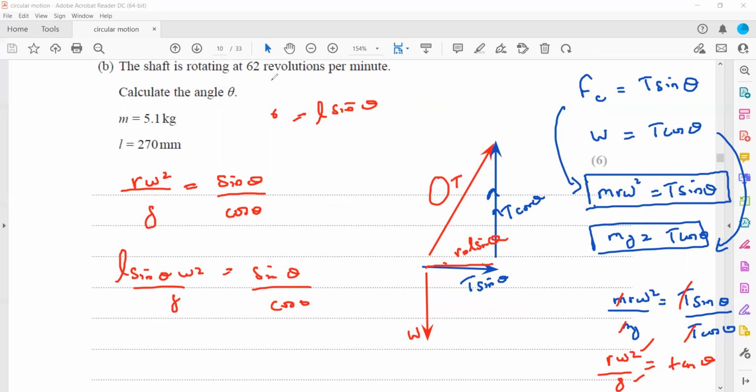We'll simplify. Sine theta will cancel with sine theta. We have now the cosine theta, cross multiply. So cos theta will be equal to g multiplied there, and L and omega square will be divided. So we have the g, we have L omega square, and at the last, theta is equal to cos inverse of g over L omega square. We'll get the value for theta that will be in degrees.